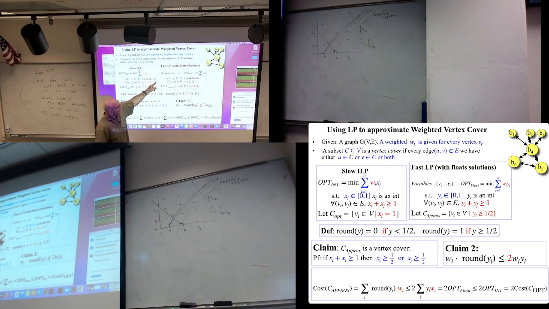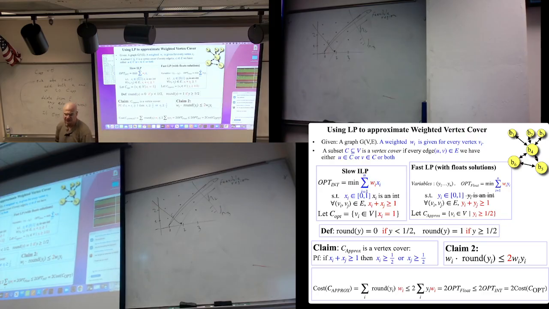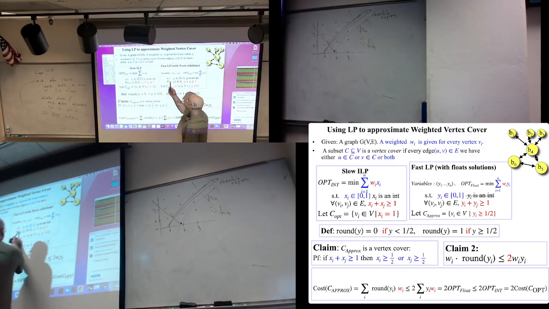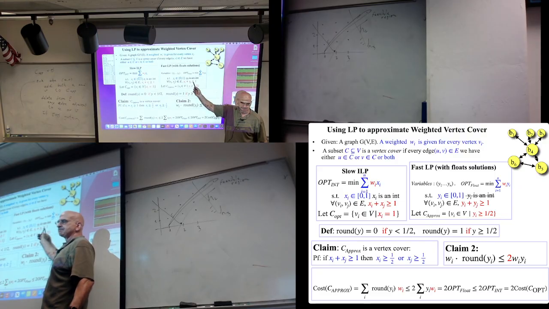Now I delete the requirement that xi is an integer. I'll call it yi instead of xi, because I'll use it in the next formula, and I solve the very same problem. For every edge vij in the graph, yi plus yj should be at least 1.